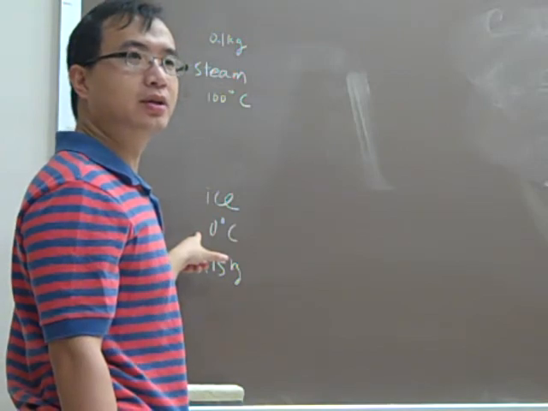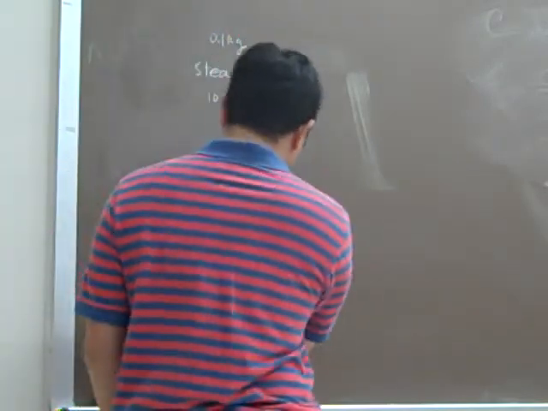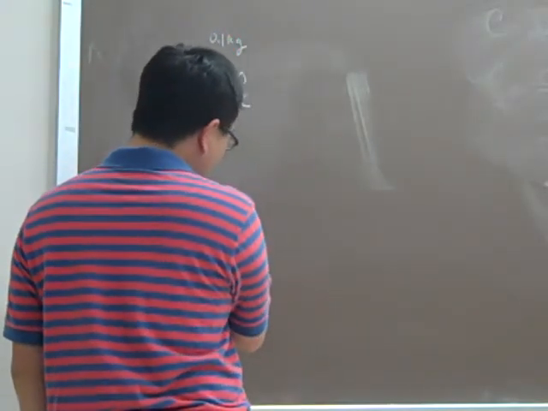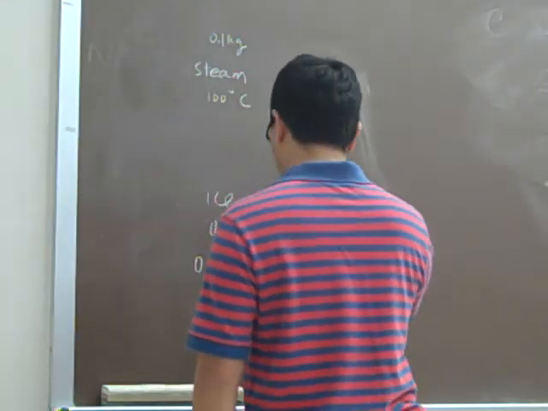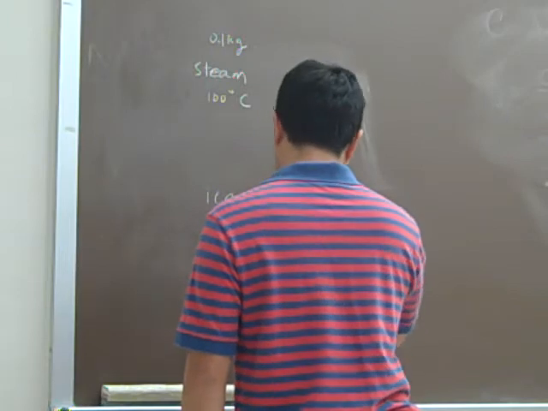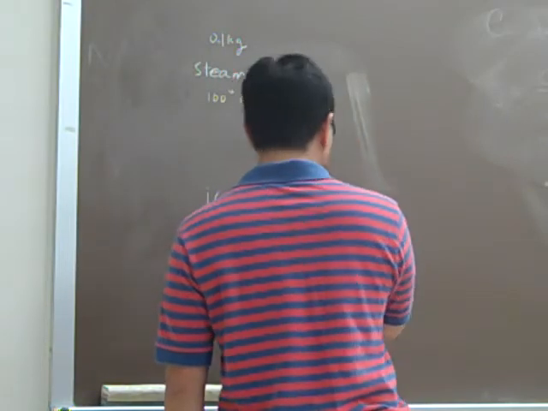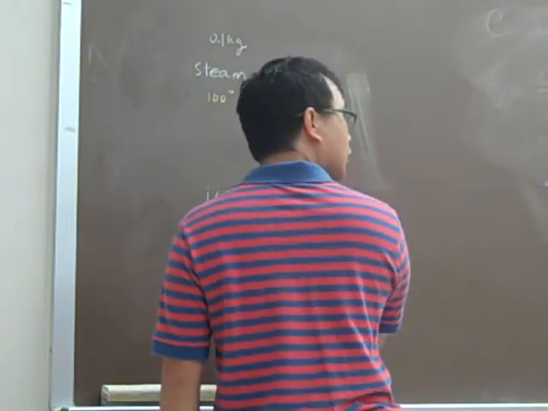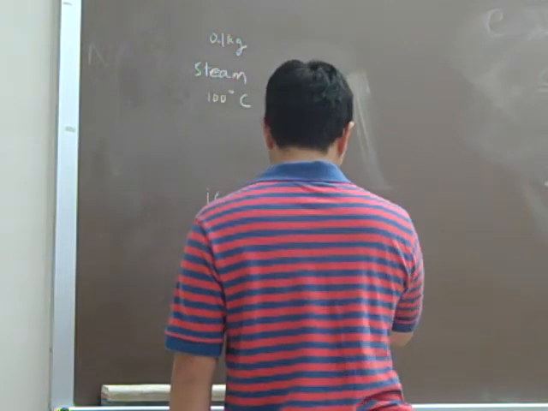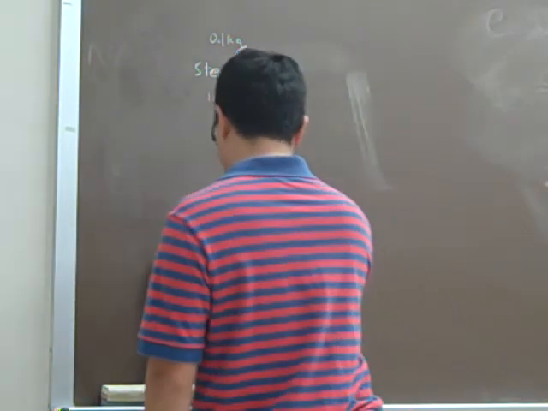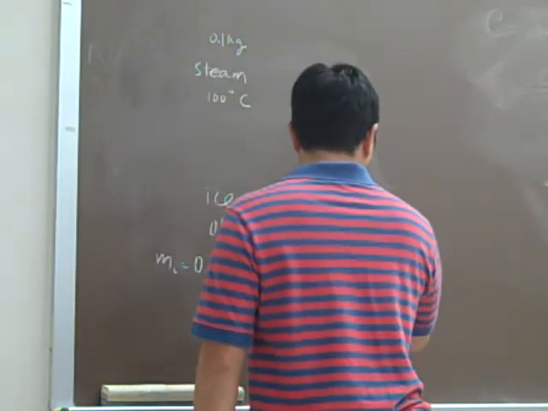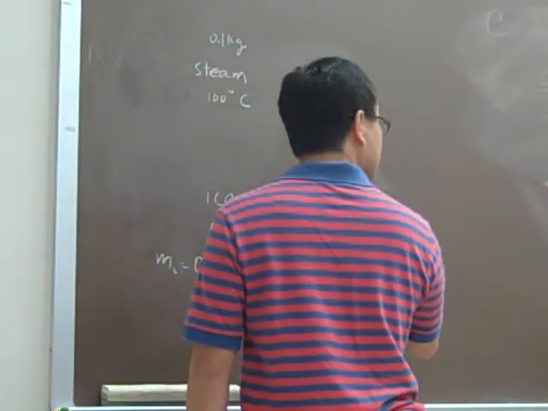So you can calculate, if you want to melt 0.15 kilogram, the heat needed. Basically, you want to calculate this quantity: the heat needed to melt the ice, which is the mass, let's say this is M2, multiplied by L.